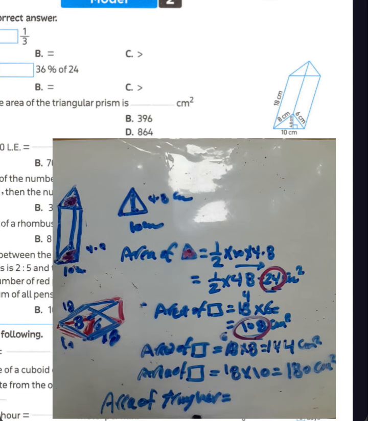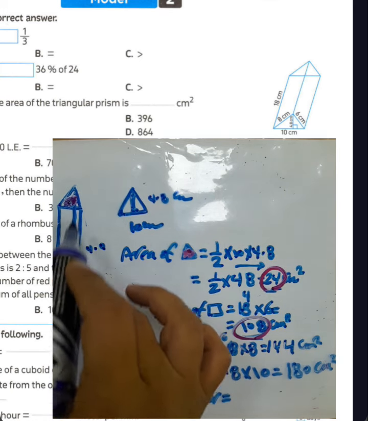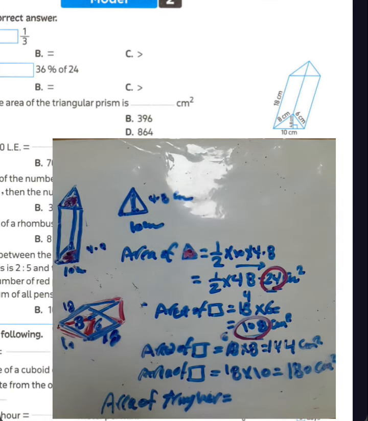Right, 24 plus 24, the two triangles are congruent, equivalent in area.